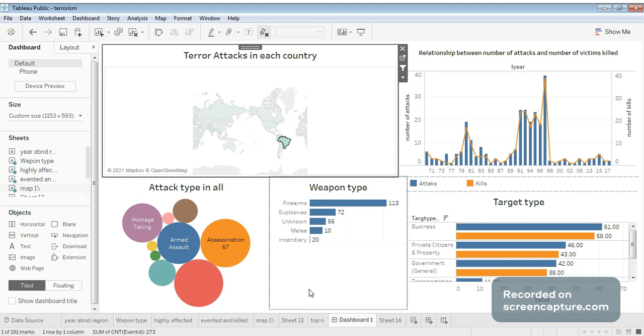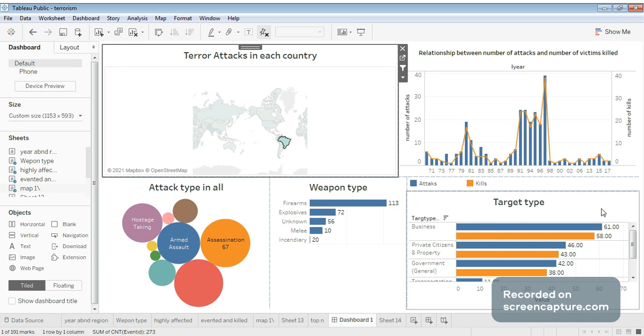The number 113 means 113 times when an attack was made, firearms were used, and 72 times explosives were used. 56 times they didn't know what kind of weapons were used in those attacks. 10 times melee was used. That is the representation of this graph.